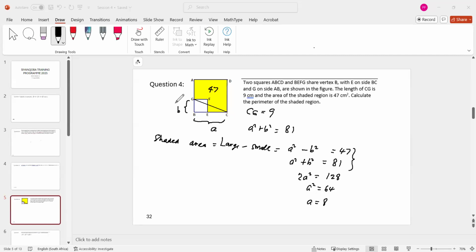Okay, now what is the perimeter? The perimeter means you're going right round the shaded region. I must add that, and add that, and add that, add that. Then I add this, but this is the same as adding that, because this is the same as that. So I'm putting the tick not here, but there.